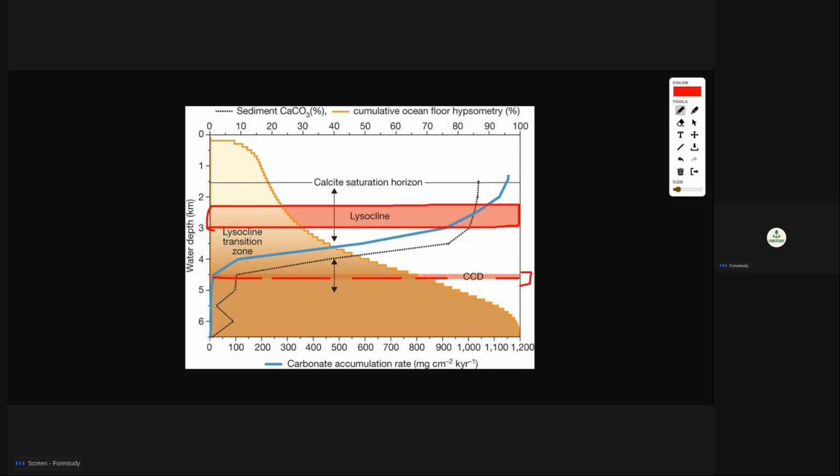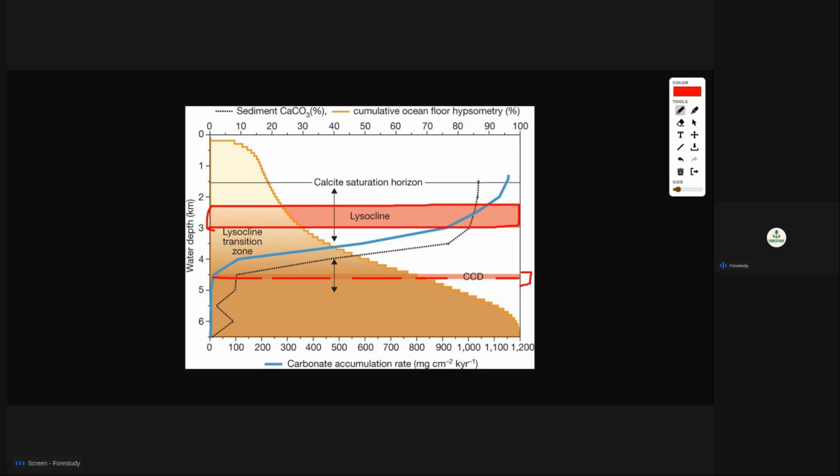So it marks the transition from the calcium saturation depth, that is CSD, above which the calcite is stable, to the calcite compensation depth, CCD, below which sediments are largely devoid of carbonate.